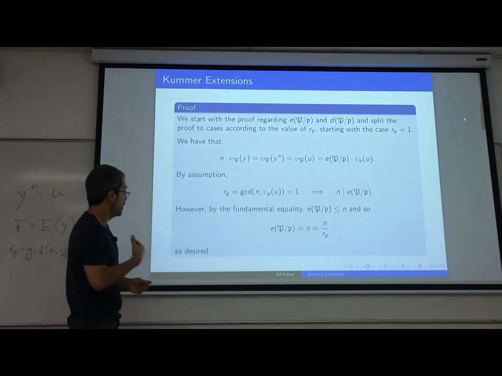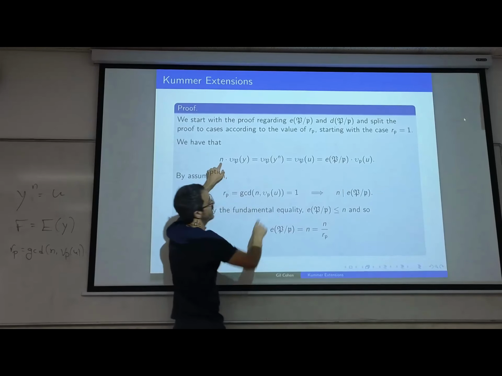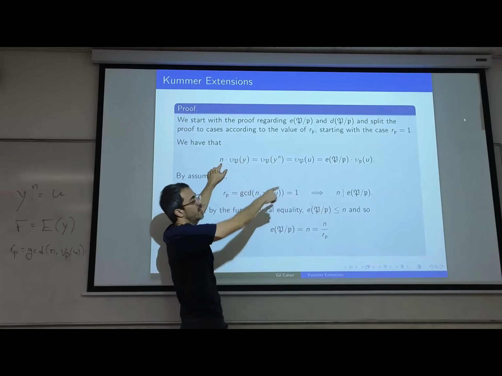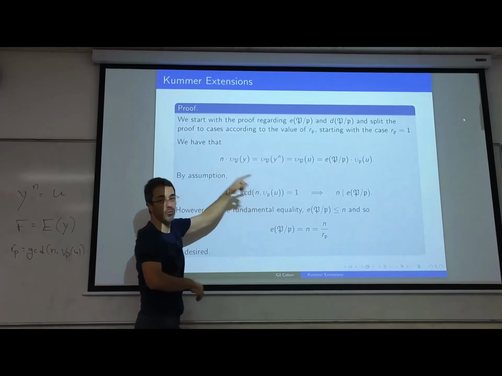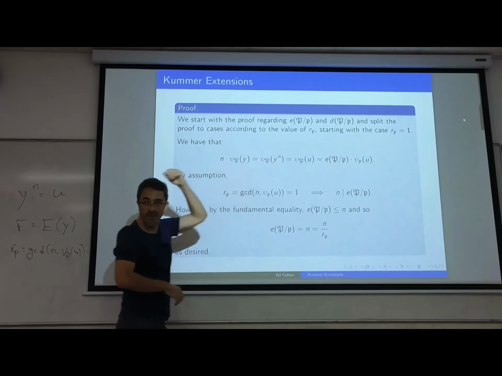Now we assume that R_P, which is the GCD between N and v_p(u), is 1. So this and that are coprime. This means that N must divide the ramification index. N has no prime factor in common with v_p(u), so it has to completely divide the ramification index.